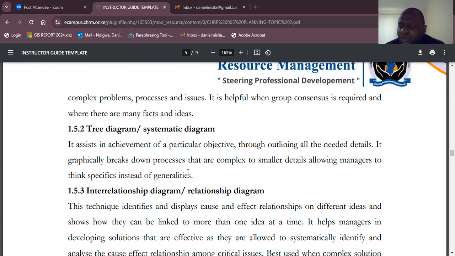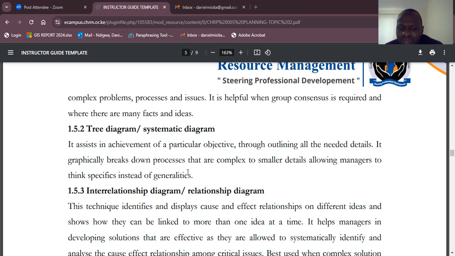And normally, I remember when we used to do quantitative analysis, tree diagrams are very common. So it is a graphical breakdown of processes that are complex into smaller details. So it allows managers to split complex activities into specific activities, so that at the end of the day, they'll be able to achieve those activities more easily and faster.